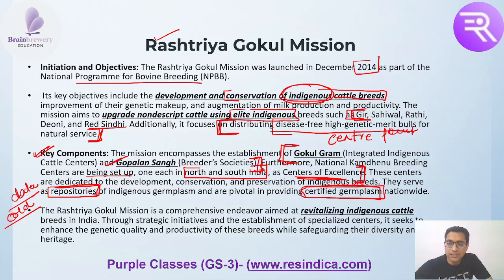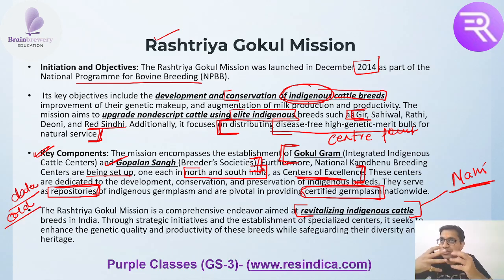So the focus is revitalizing our indigenous cattle. That is the main focus area, revitalizing our indigenous cattle system, so that we should not be dependent on cattle from other countries, because they will again create a problem of crossbreeding, and breeds that come from outside cannot sustain the environment that is there in India.